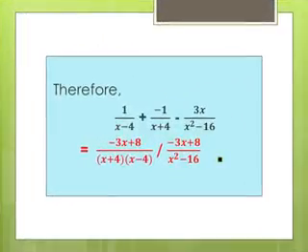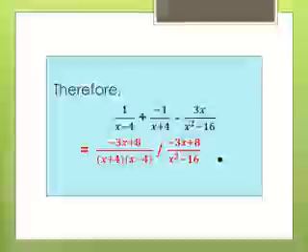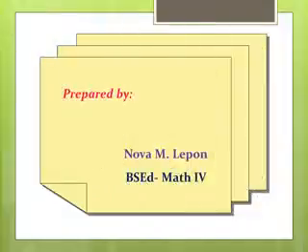Or 1 over x minus 4 plus negative 1 over x plus 4 minus 3x over x squared minus 16 is equal to negative 3x plus 8 all over x plus 4 times x minus 4, or negative 3x plus 8 all over x squared minus 16. Something important, this is Novum Mainit Lipon.